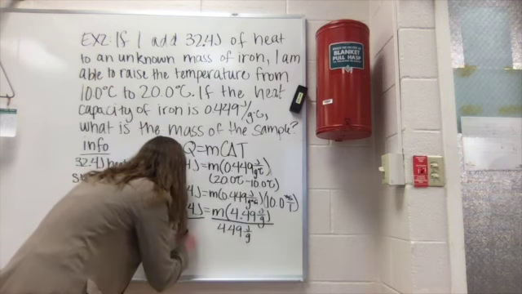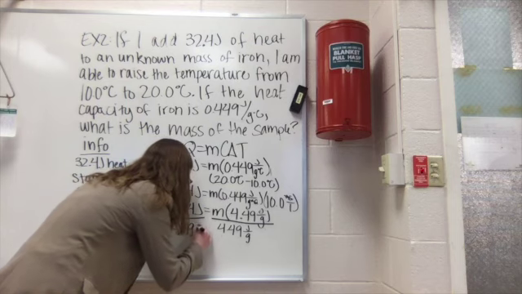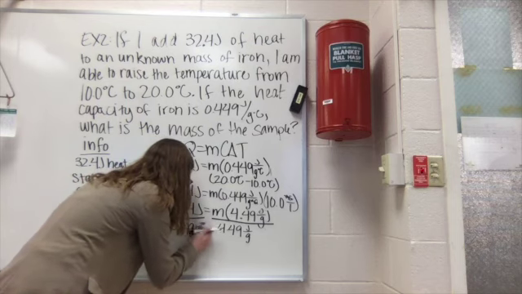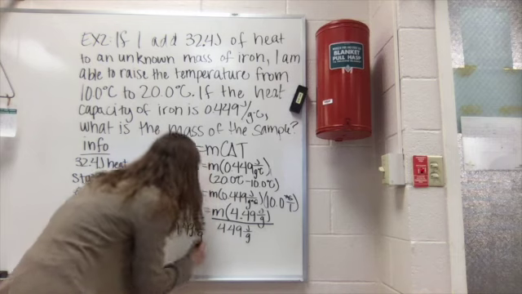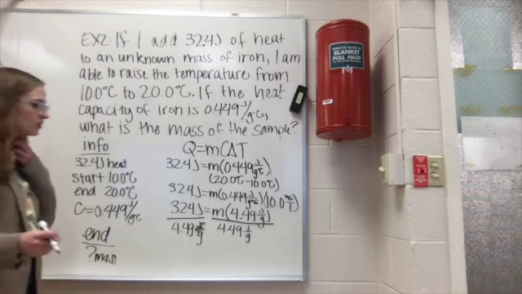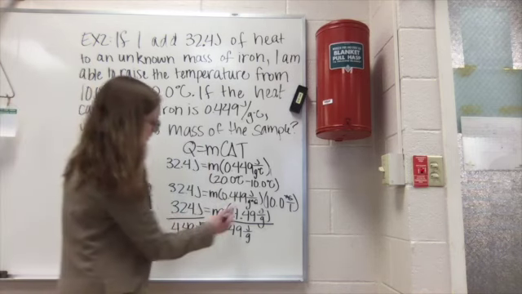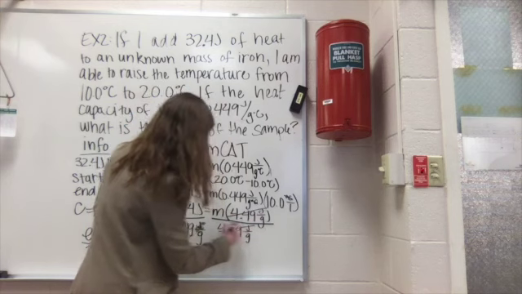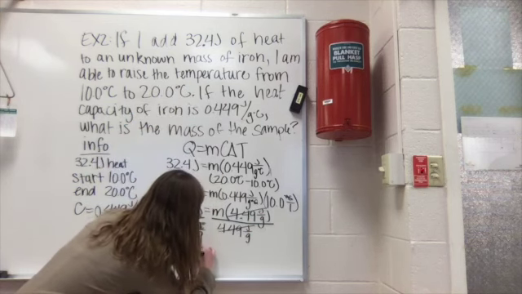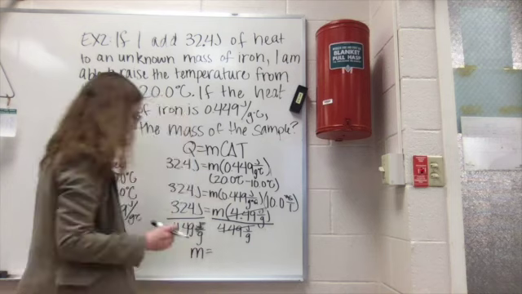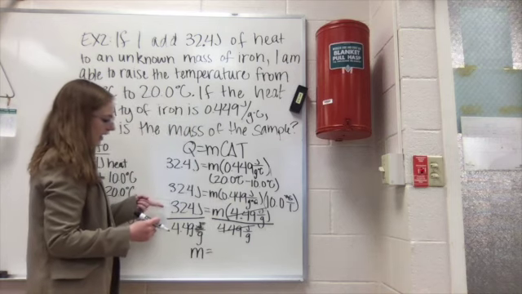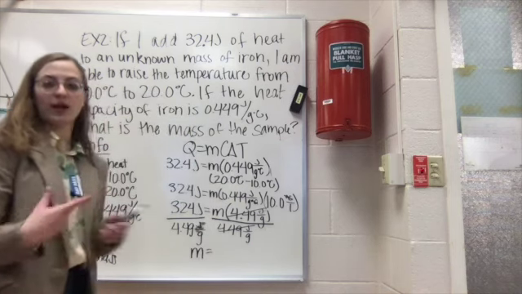And I have 4.49 joules divided by grams. In the end, this is the same on top and bottom, so I can get mass by itself. So I'm going to write mass on the right-hand side here for a second. I'm going to go ahead and do the math and then write the units out.